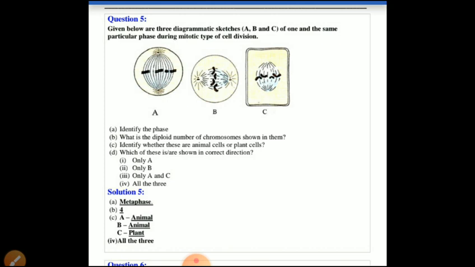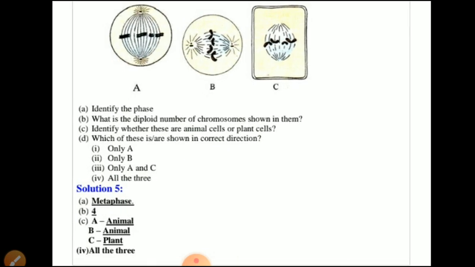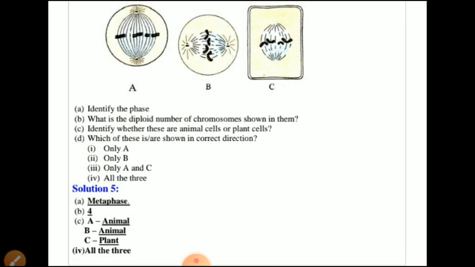The given phase is metaphase. Question B. What is the diploid number of chromosomes shown in them? Answer is 4. Question C. Identify whether these are animal cells or plant cells. Answer: A. Animal, B. Animal and C. Plant cell.